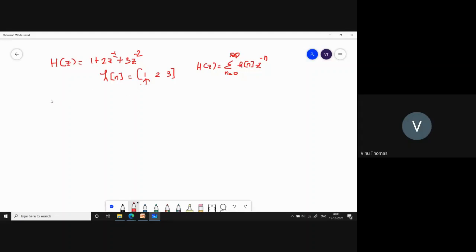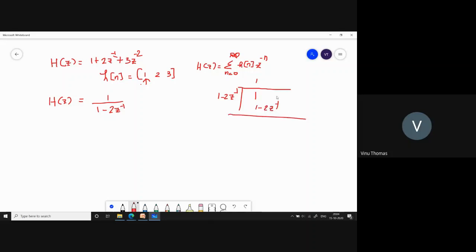You have seen another example where you write H(z) is equal to maybe 1 by 1 minus 2 z raised to minus 1. So we have seen how to write this in terms of an impulse response by actually performing the long division of 1 by 1 minus 2 z raised to minus 1. So this would be 1.